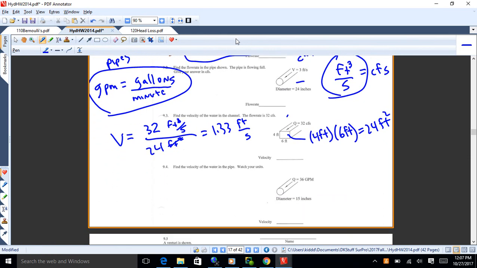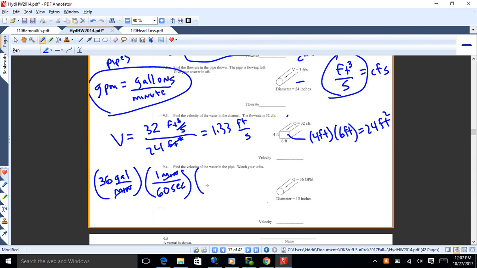All right, so what you got here is 36 gallons per minute. Now, if you want to find a velocity, you've got to get that into cubic feet per second. So, of course, a minute is 60 seconds. Now, I've got the units going there, so the minutes on the top and the minutes on the bottom cancel, so that gets me gallons per second when I divide that by 60.